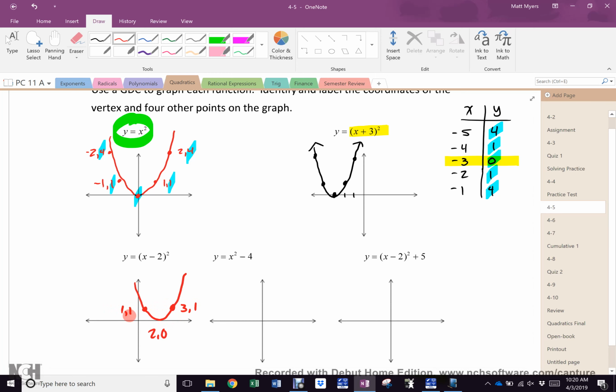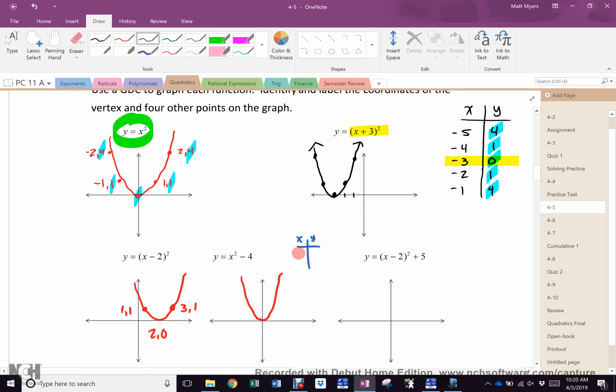We're all good? Okay. Now, that's the first thing we've changed. Now, if this wasn't there, that -4, we'd have this, right? Everyone agree? Okay. So, if I were to graph this, I'm going to use my x's, I'm going to use my y's.